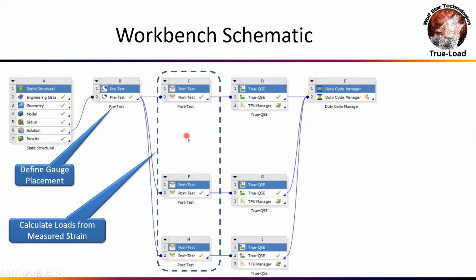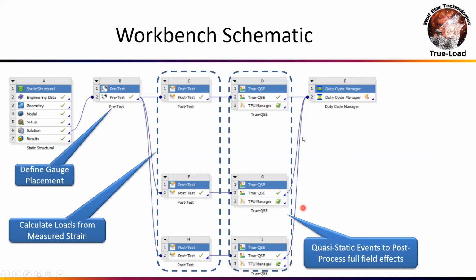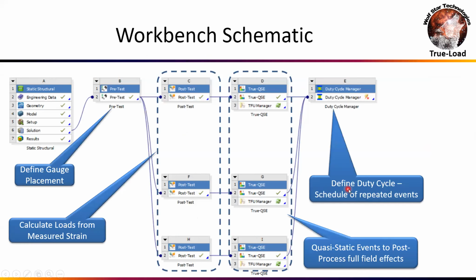This calculated the load. Now that we've got the loads calculated, we can come in and attach the QSE components to the post-test components. And then we can go in and query the model and generate operating deflection shapes to understand what we want about the model. And then let's say we wanted to do a fatigue analysis, we can bring those into our duty cycle manager.